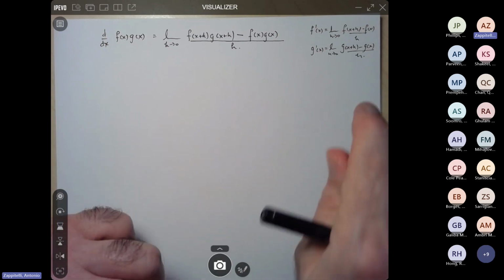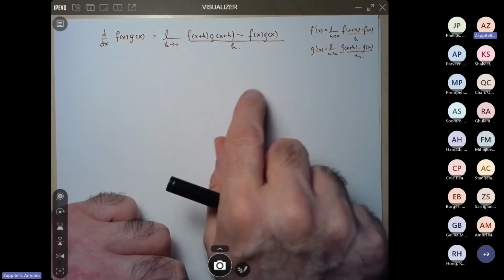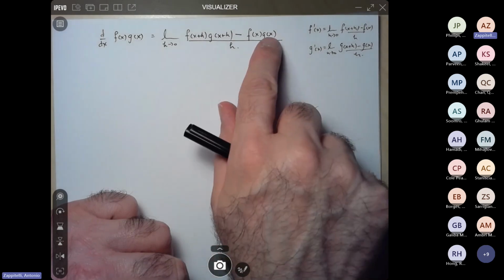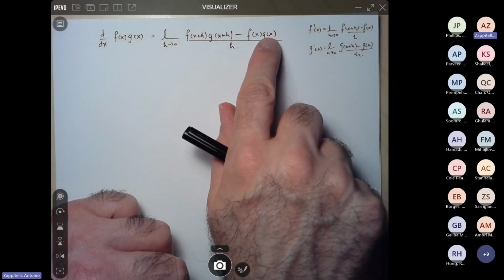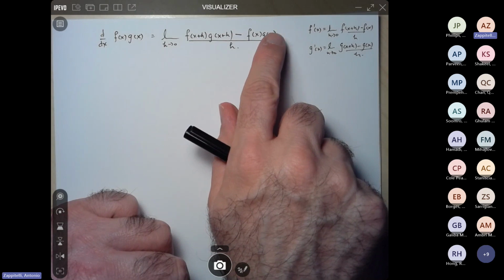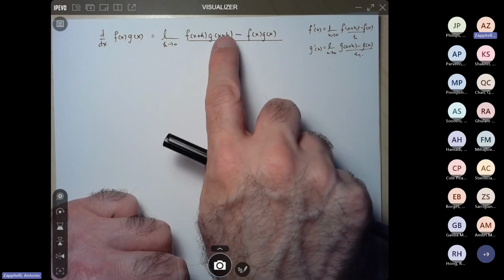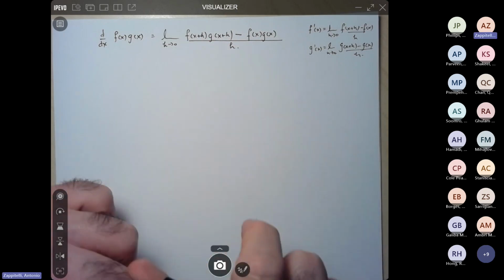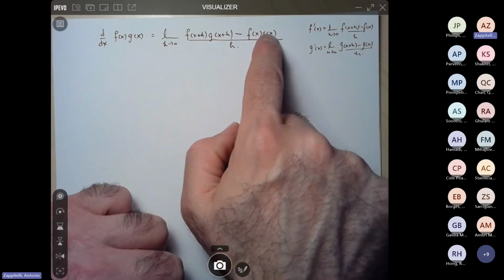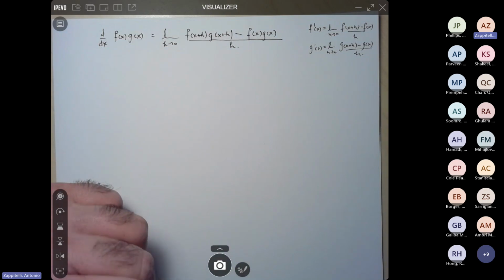And let's take a look here. The f at x plus h minus f at x. Can you sort of see that if this had a g of x plus h, what could we do? Let's say instead of this was g of x, it was g of x plus h. What could we do in this numerator if I had the same factor on both terms?